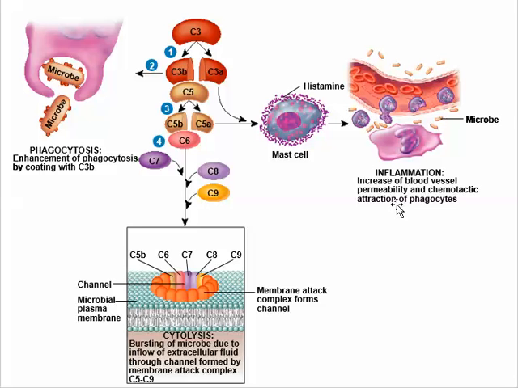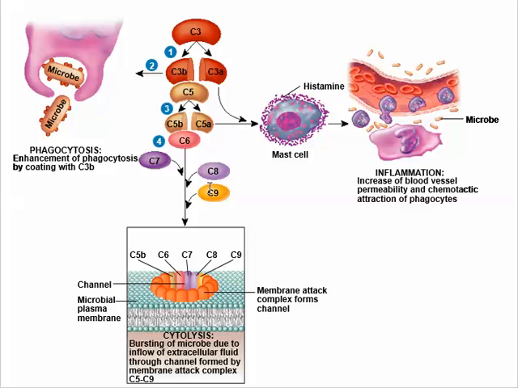And remember, inflammation causes pain, redness, immobilization, swelling, and heat. And all of those revolve around vasodilation, which is caused by the histamine released by the mast cells, which has been told to release it by the complement protein.